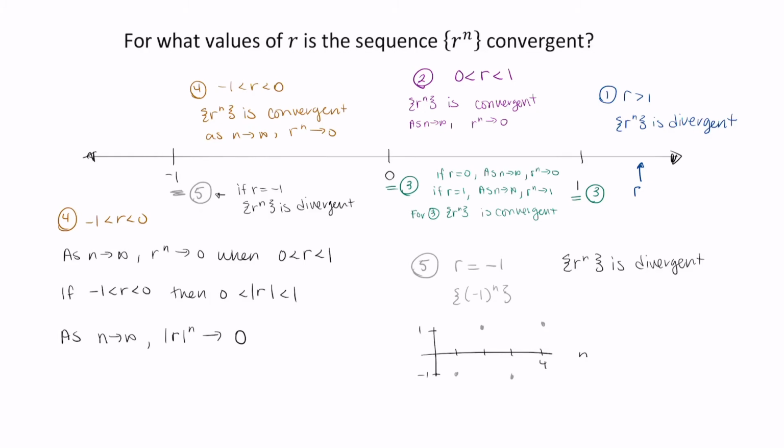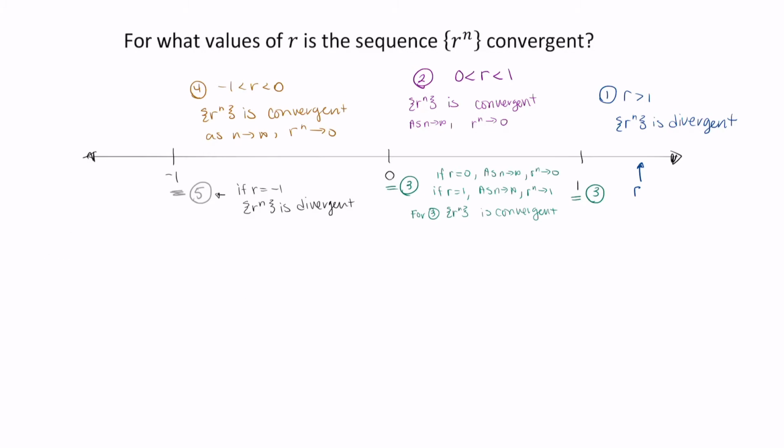Finally, let's look at the last part of the number line that we haven't talked about at all. That is, let's explore the case when r is less than -1. So this is very similar to case 1. And if you remember, if r is greater than 1, then as n approaches infinity, r to the n approaches infinity.